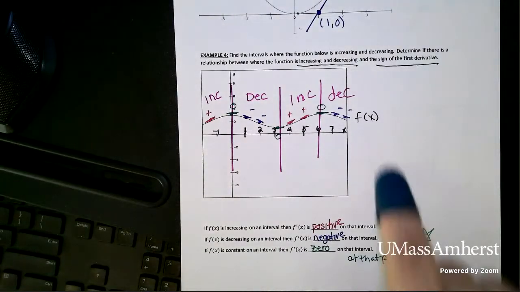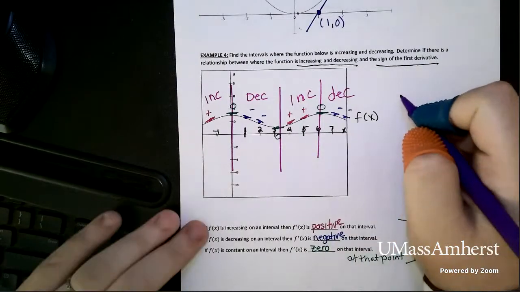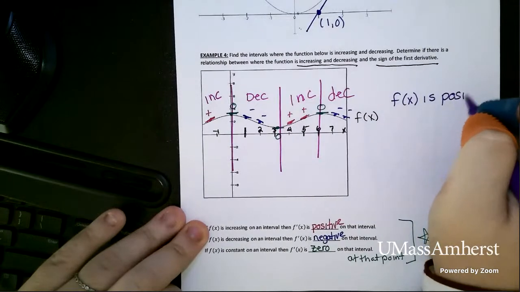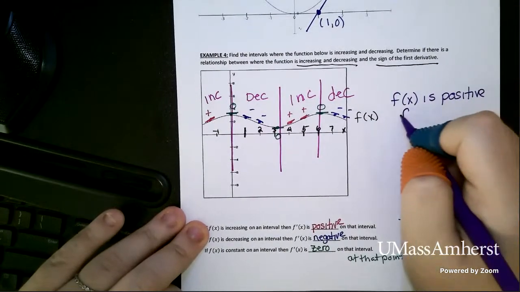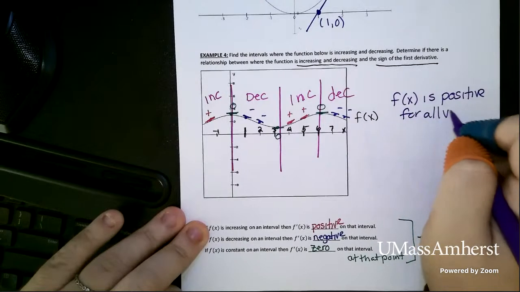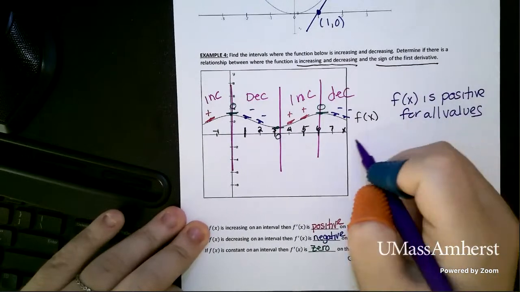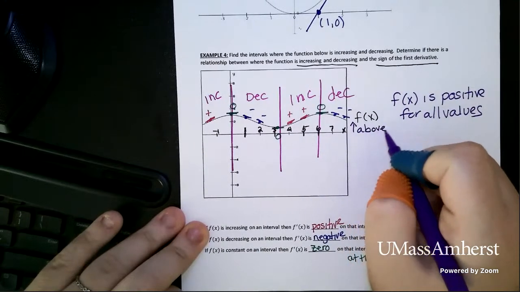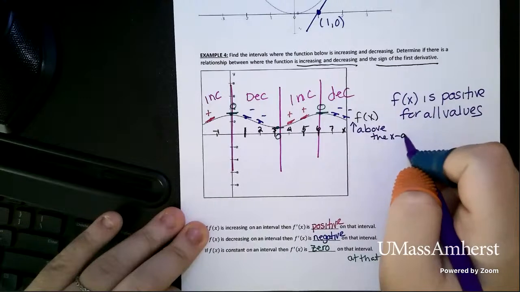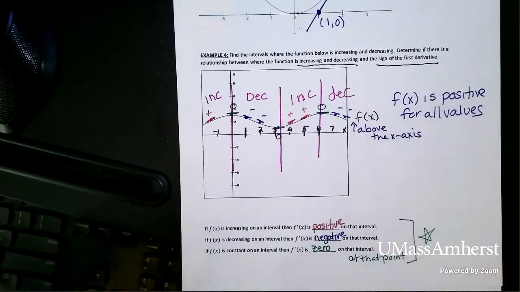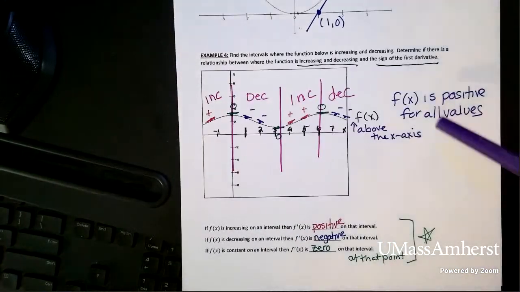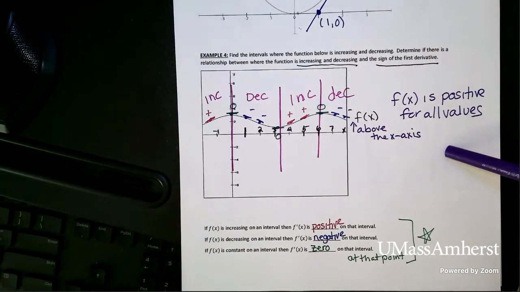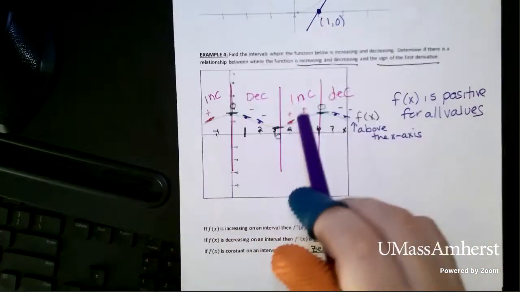So here, in this particular picture, f of x is positive for all values. What that means is that my function is above the x-axis. Whether or not my original function is positive or negative does not impact the derivative.